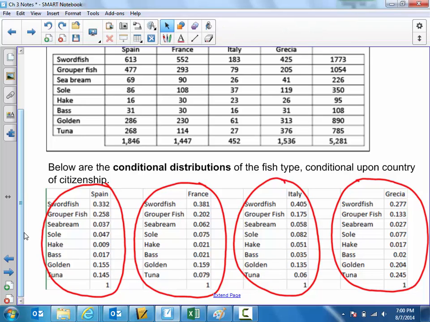This is another conditional distribution, third and fourth, okay? All of those are conditional distributions for the variable preferred fish. That is the variable we're keeping track of here. But they're conditional upon one of four different things: citizenship from Spain in the first case, from France, from Italy, or from Greece in the second, third, and fourth cases.